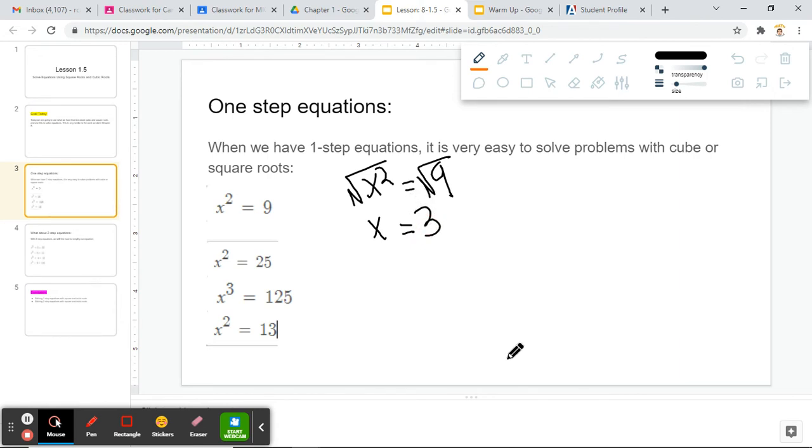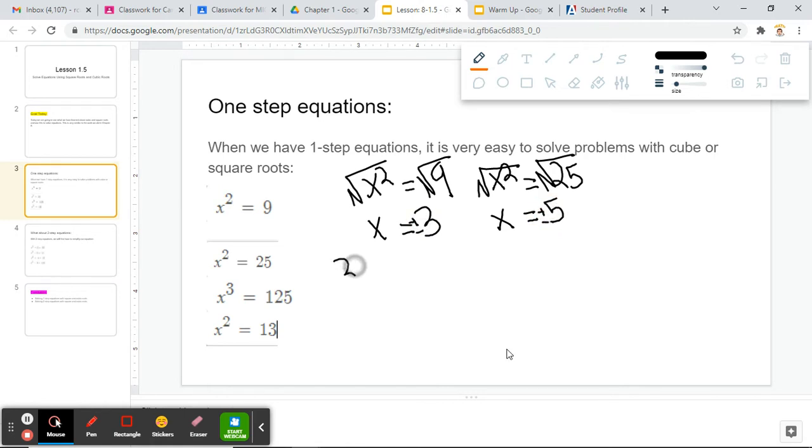So again, these are one-step equations here. So like with x squared is equal to 25, we could take the square root of both sides here. Square root of x squared will be x, and the square root of 25 will be 5, so x will equal 5. Actually, wait, I should retrace here. These are actually positive or negative here.